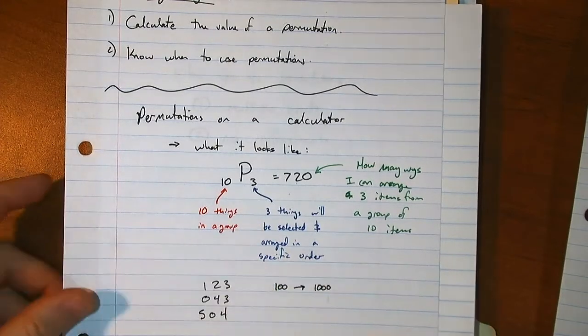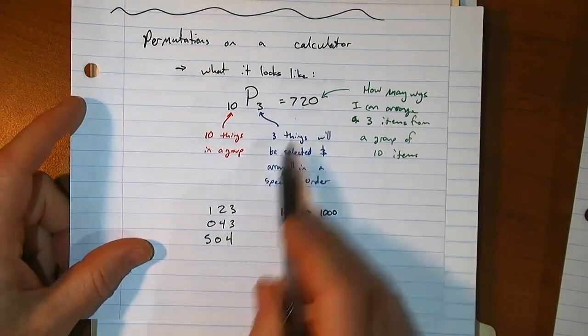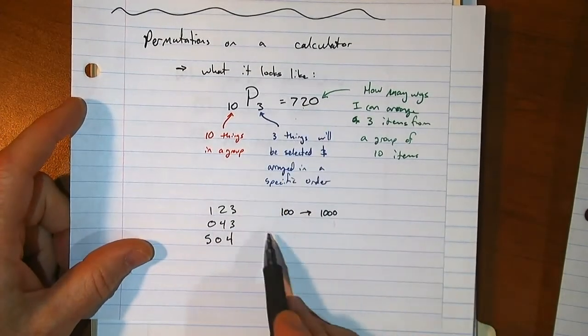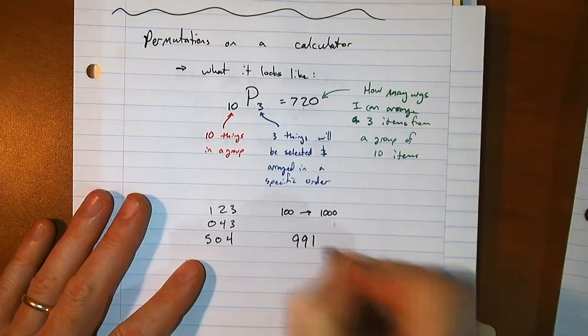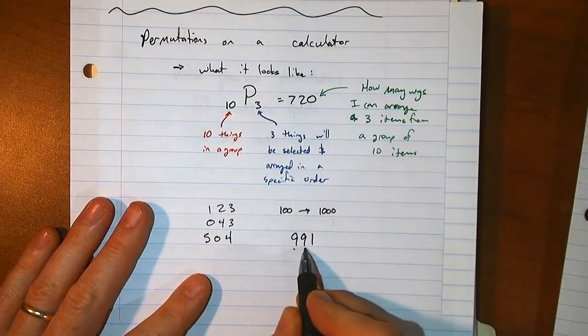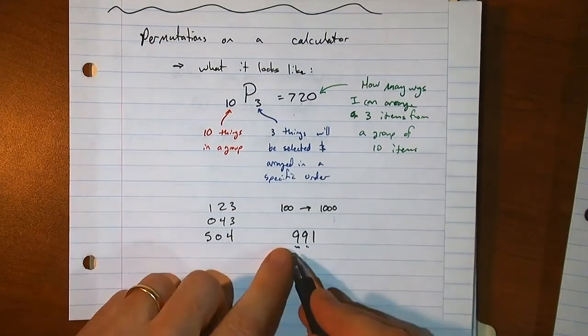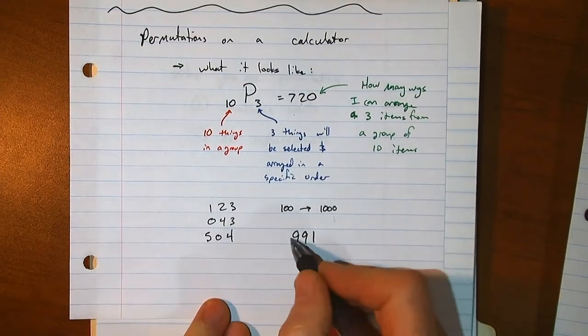That would be a situation with a replacement. That also explains why when I'm arranging numbers like this, there's only 720 and not more. The reason is that a number like this is not allowed in this scenario because the 9 is happening twice. The 9 got replaced. I picked the 9 and I put 9 back in the pot and I picked it again. That's not allowed.